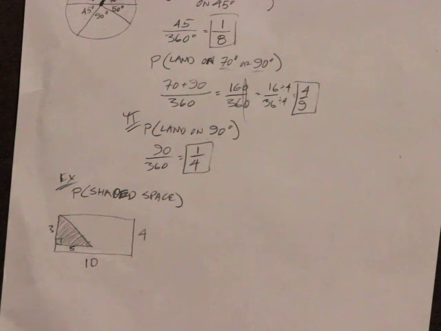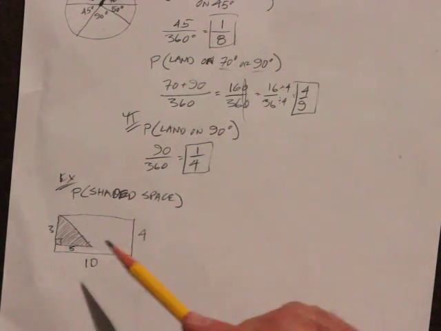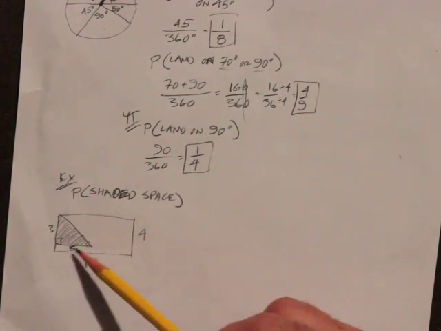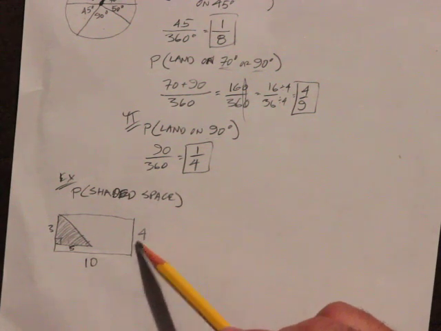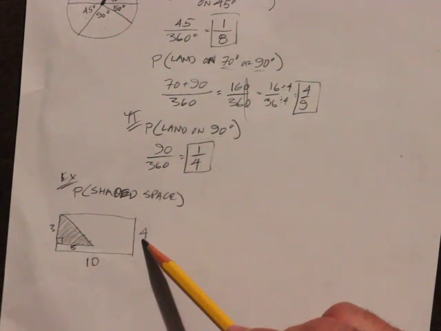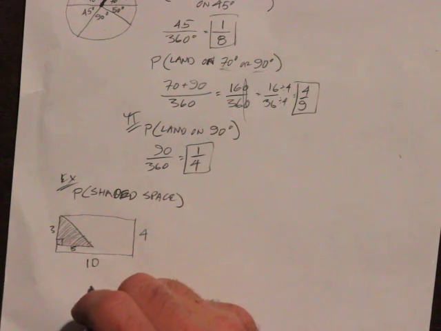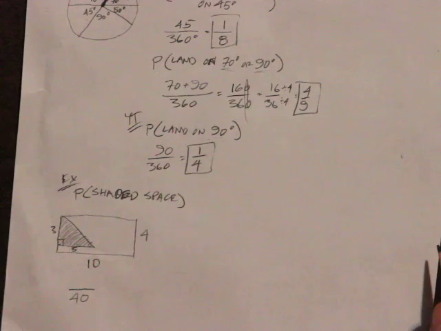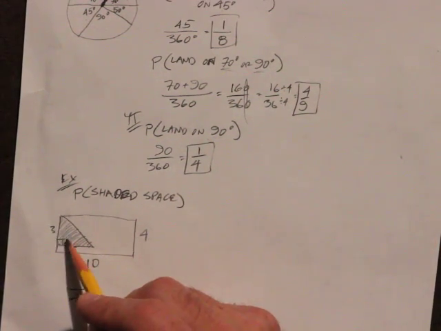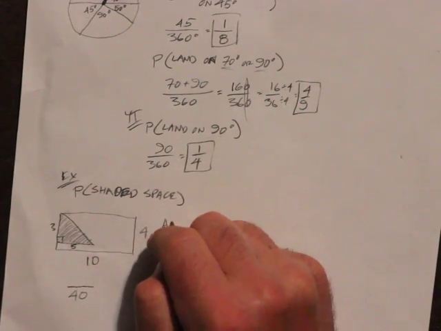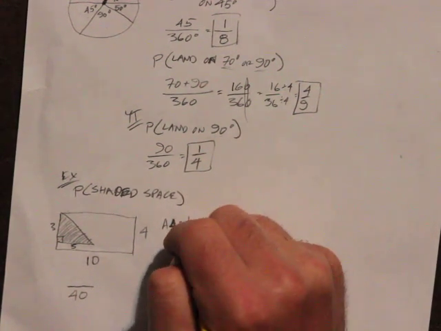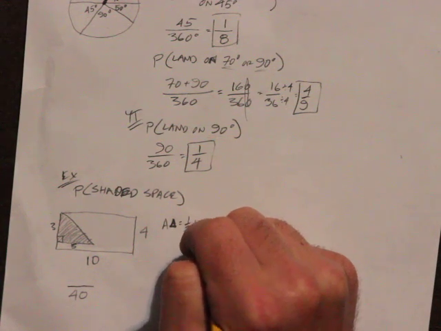If I was just to choose a point somewhere in this rectangle, I would end up in the shaded spot. So all I'm going to do is take my target and put it over my total. For this one, the total is easy, right? It's this big rectangle. The area of a rectangle is the length times the width, so 10 times 4. So I end up with 40 as my total. Now the area of a triangle is 1/2 base times height.